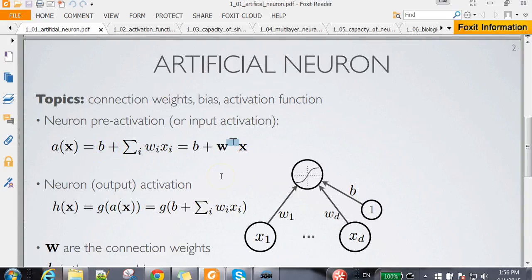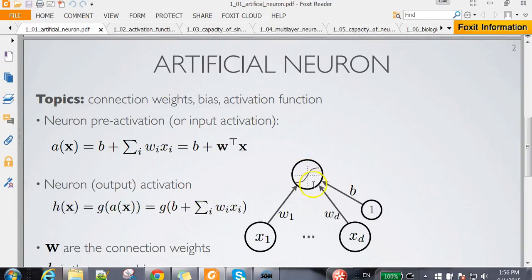Sometimes that's called the pre-activation of the neuron. Pre-activation means what goes into the neuron, but neurons also have an output, and hopefully the input is different than the output, otherwise it's useless to have them. So we're going to have an input, and then we're going to do something to it to get an output.